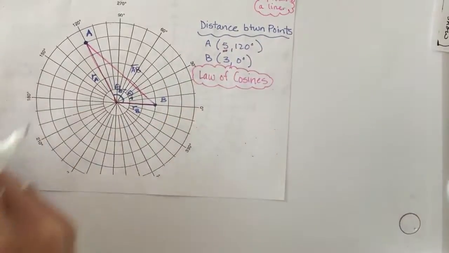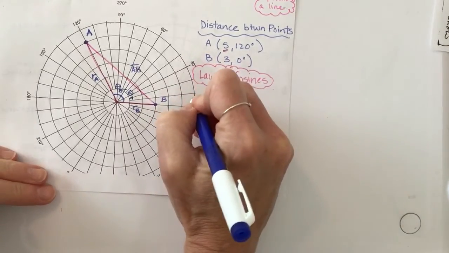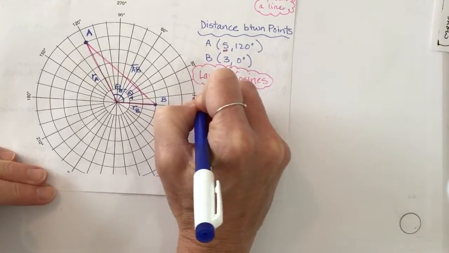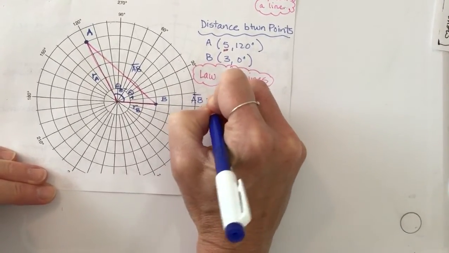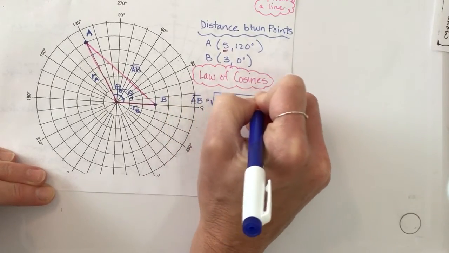All right, so here we go. I'm going to go ahead and write the formula out. So I'm going to say that length AB is equal to the square root.